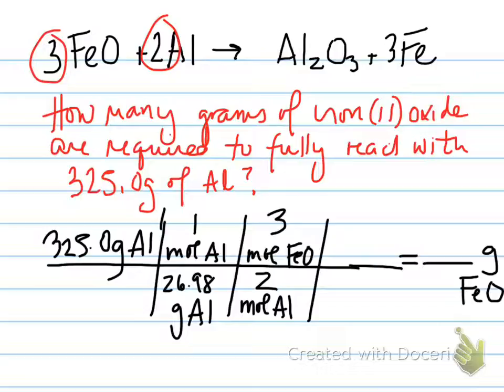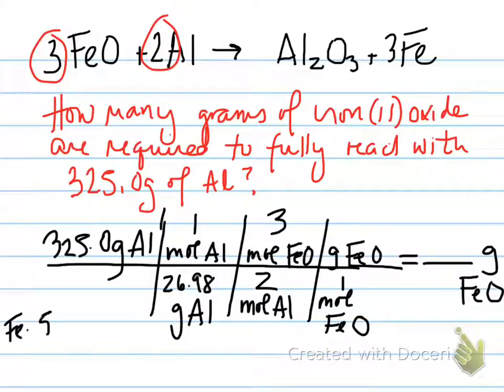What units, what chemical go on the bottom? Moles of iron oxide, yep. And what units and what chemical are going to go on that last top piece? Yeah, whatever we want to end up in, grams of iron 2 oxide. Okay, now we just need to know how many grams of iron 2 oxide there are in 1 mole of iron 2 oxide.